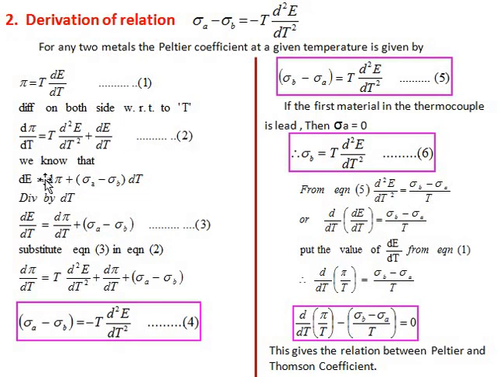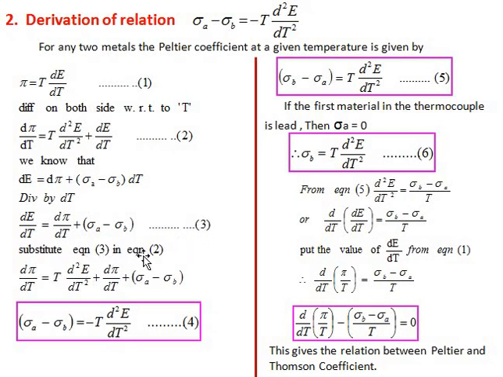We know that dE is equal to d pi plus (sigma A minus sigma B) into dt from the previous derivation. So divide this equation by dt. So dE by dt is equal to d pi by dt plus sigma A minus sigma B, as this dt and this dt get cancelled. Call this equation number 3.